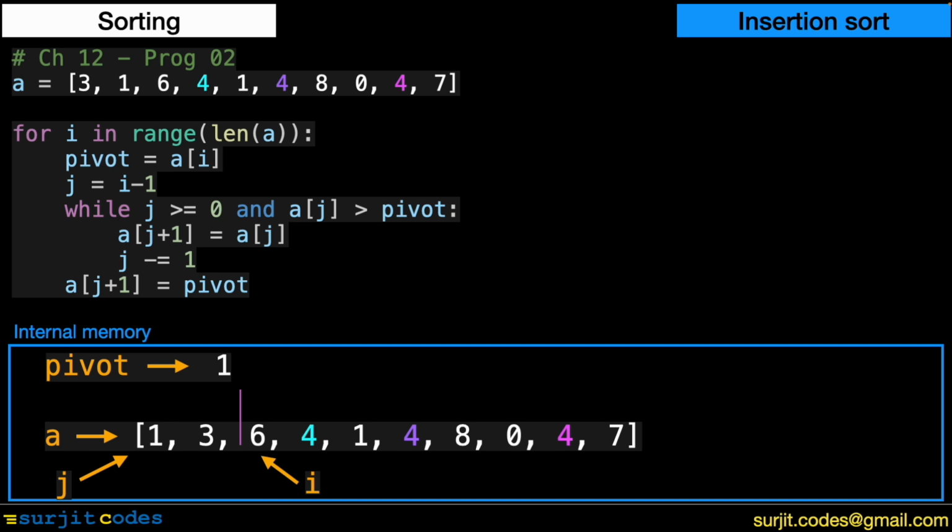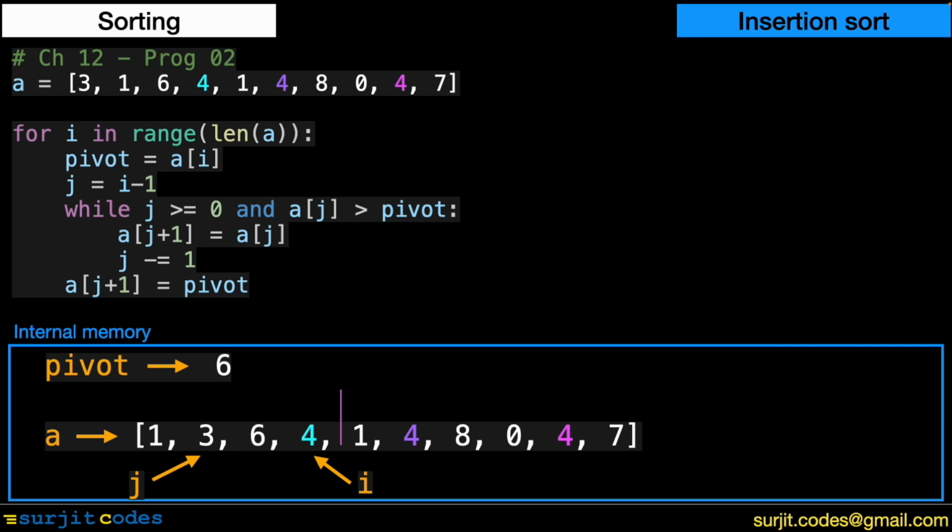In the next iteration, i becomes 2 and we consider it as a part of the sublist that we are sorting. We save 6 in the pivot and consider it as a hole. Starting value of j is i-1. 3 is not greater than pivot, that is 6, so we do not enter the while loop. 6 goes back to the hole, which was its original position, and the sublist of 3 items is now sorted.